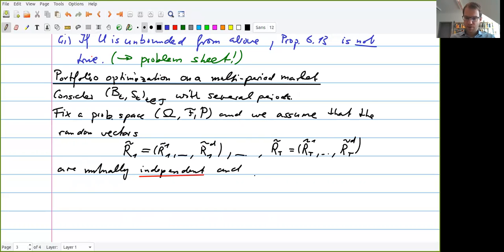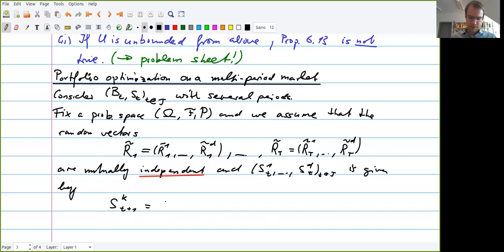And with the price process, these are the risky assets, it is now given by, so we iteratively define this.